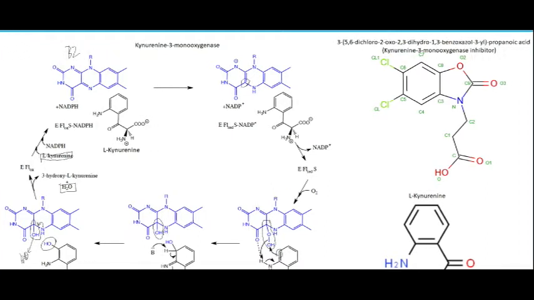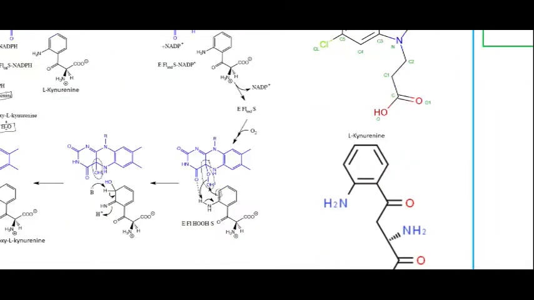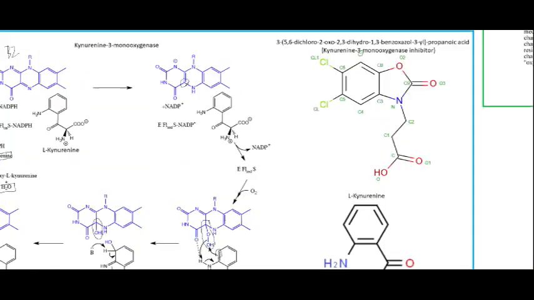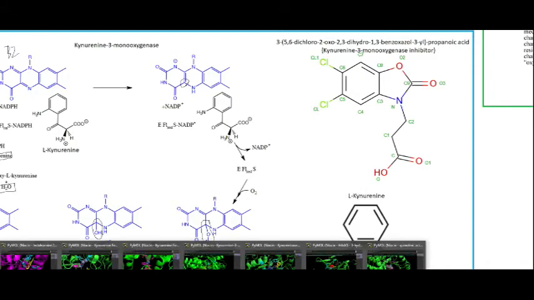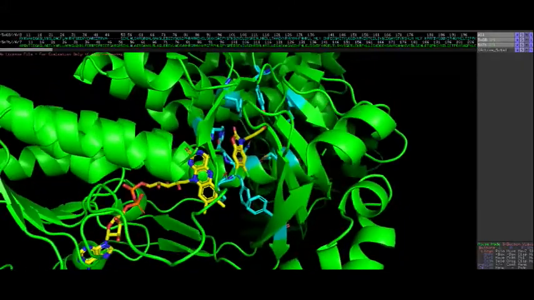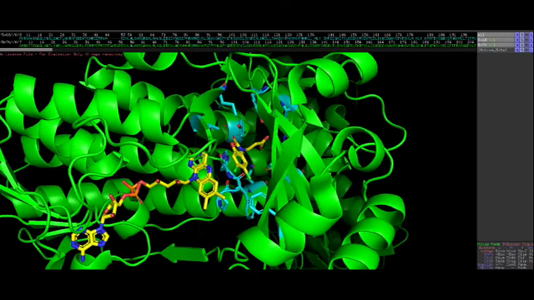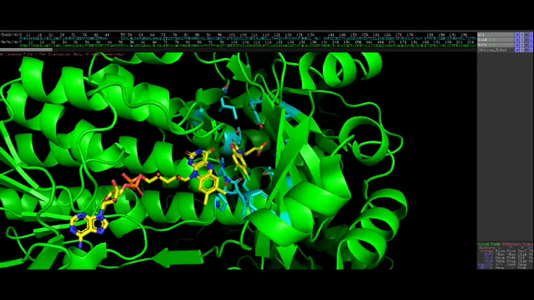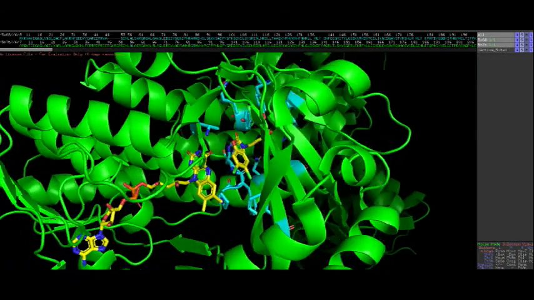And so if we look at the structure, well, first this is the L-kynurenine here. I put this up here because this is the inhibitor that is in the structure I have. And so if we look at that structure here, we can see in yellow this 3-ring moiety here is from our FAD.